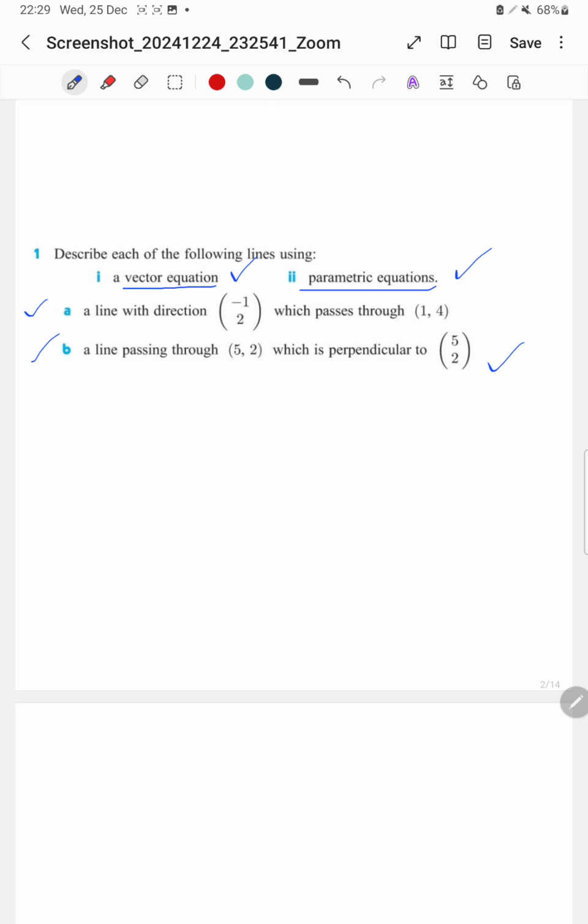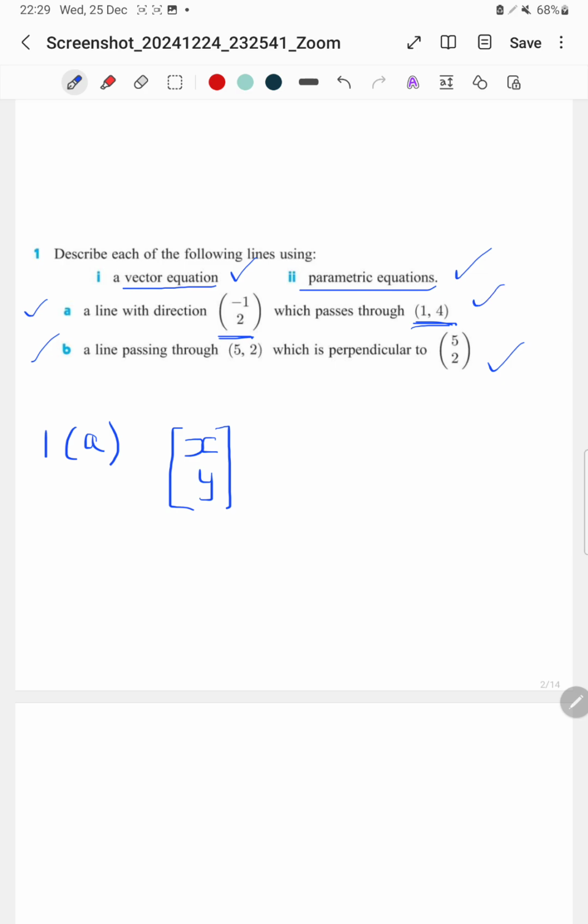Okay, so the first question is, you have to find the equation of a line, sorry, with the direction -1 and 2, and it is passing through 1 and 4. So it is very important for you to see which is the point and what are the directions. So we know the vector equation of a line is given by xy, which is our general point. Why am I taking here only xy?